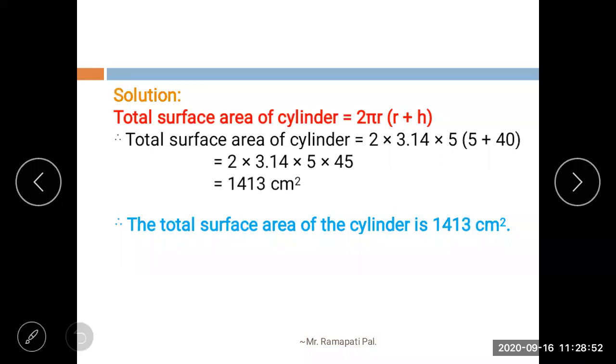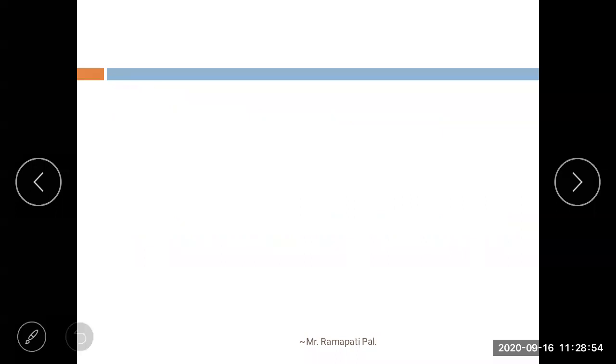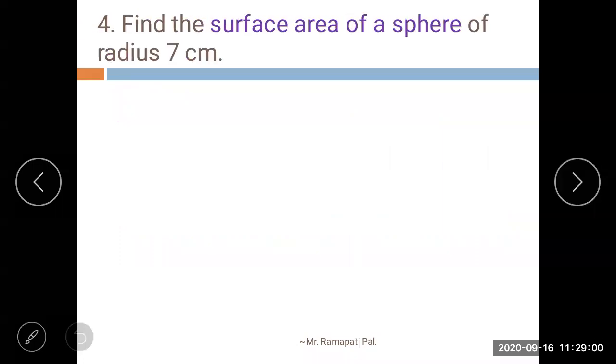Let's see question number 4. Okay, so you are ready? Find the surface area of a sphere of radius 7 centimeter. So what is the first step? Given.